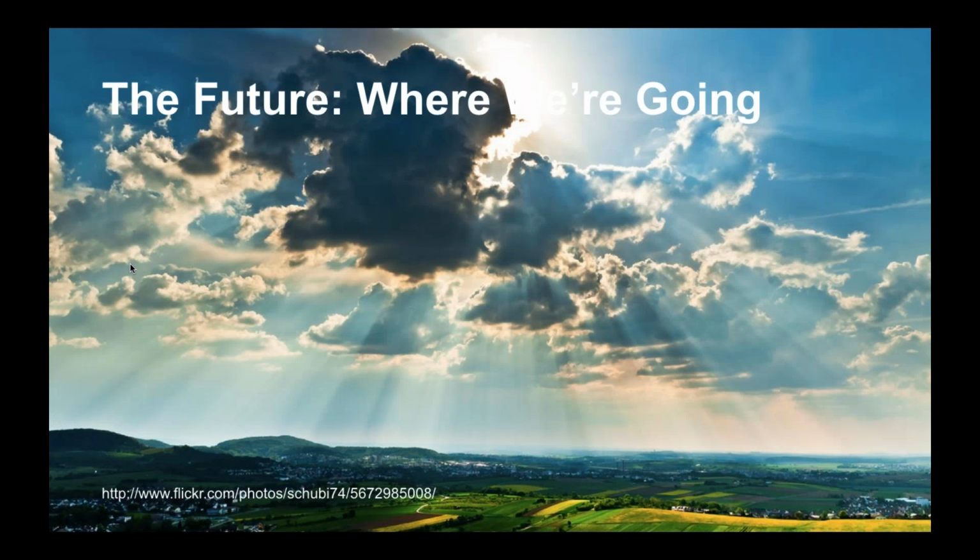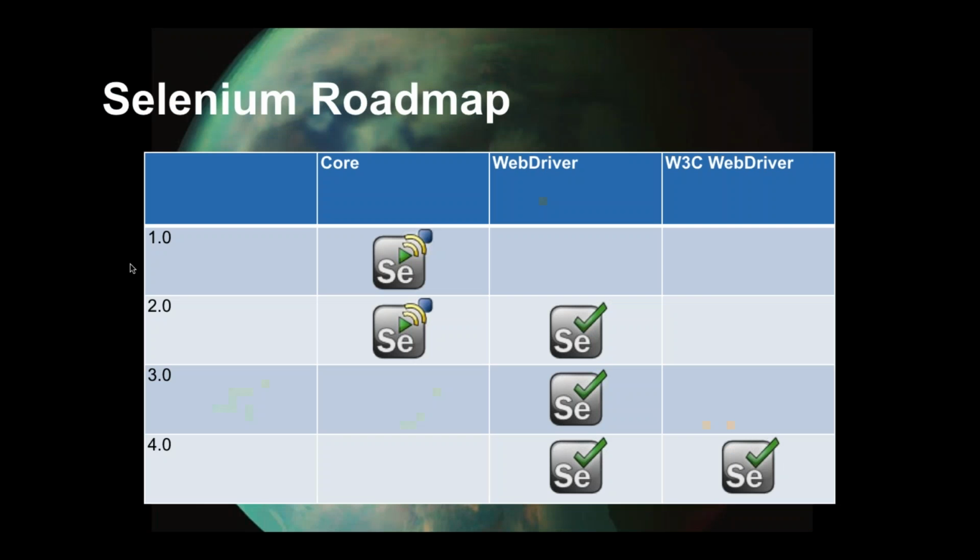Which leads us neatly onto the future and where the Selenium project is going. So we have Selenium 1, which was the original Selenium core implementation with RC, Selenium 2, which added the WebDriver APIs, Selenium 3, which will remove the Selenium core implementation and make the RC APIs available again, but only in a separate package that you need to take a dependency on, and it will be backed by WebDriver itself.